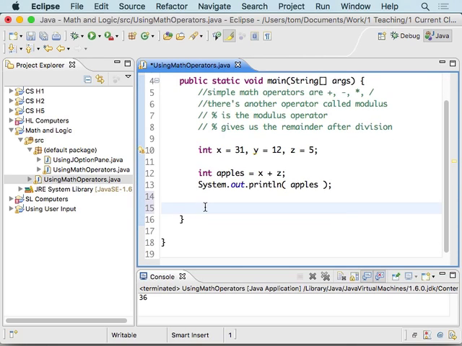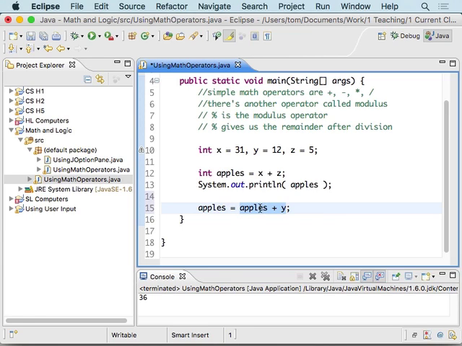Another thing that we can do, and this is a pretty common thing in programming, is take a variable that we already have and say, I want to add something onto it. The way that we usually would do that is something like apples equals apples plus another value, okay? What this does is it figures out the result of the right side of the equal sign and then takes that result and stores it back into apples.